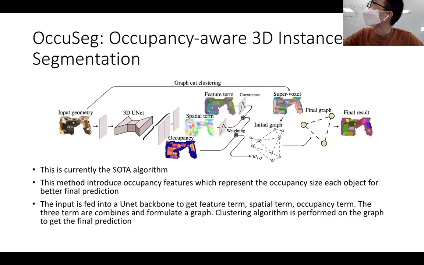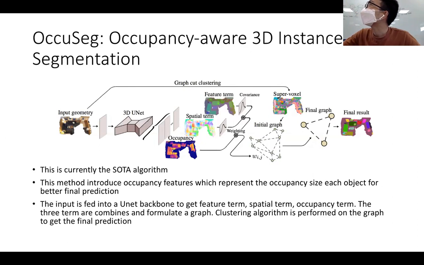Similarly, the node here is the point, and the W here means the similarity between 2 points. So if two nodes are more similar, the weight is higher, like the distance between 2 points is closer.